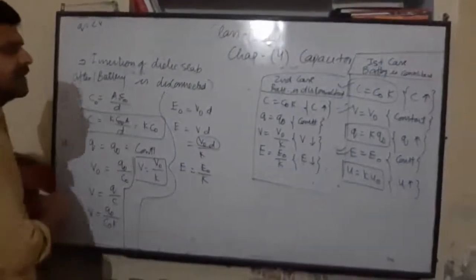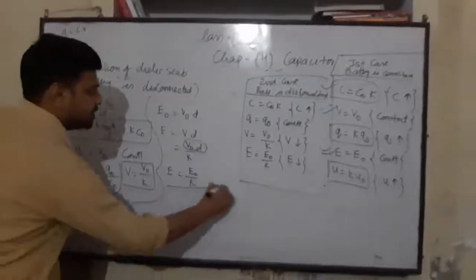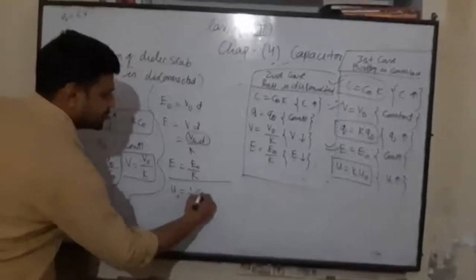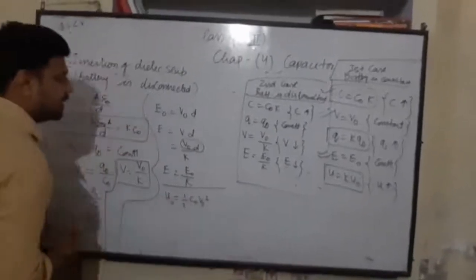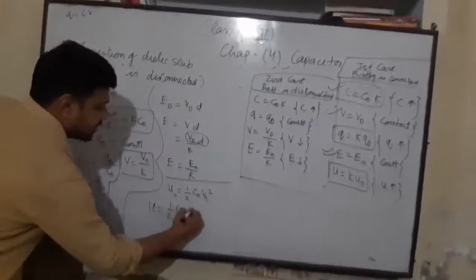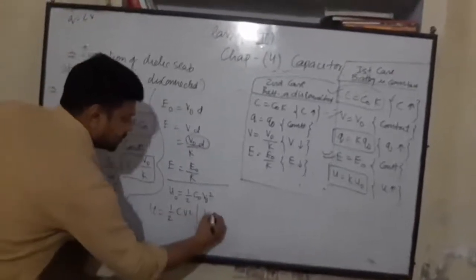Now we have the last parameter, potential energy. Initial potential energy U naught is equal to half C naught V naught square, and final potential energy U is half C V square.